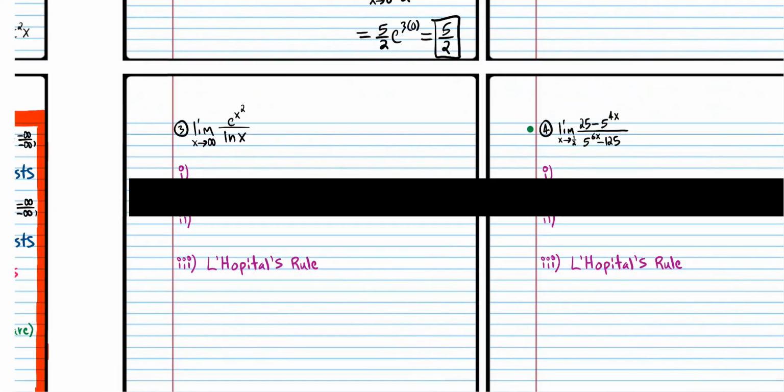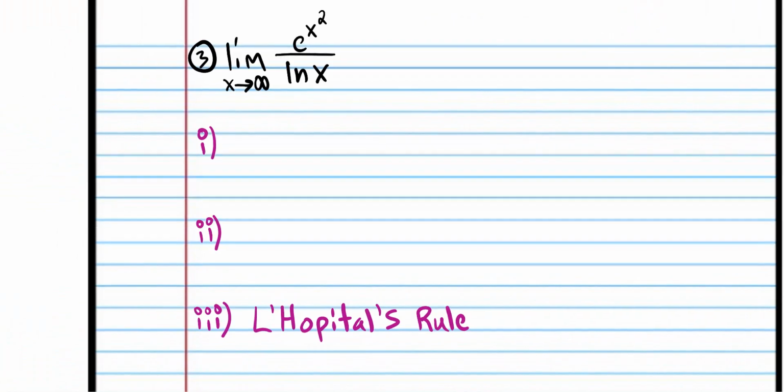All right, so let's try one more of these problems before you try one on your own. So let's find the limit of the numerator and see what happens. If x is a really big number and you raise it to the second power, then you just get a bigger number. And e to some really, really big number is just a really, really big number. So the limit is infinity.